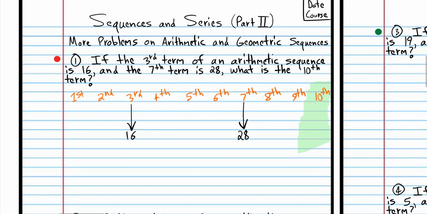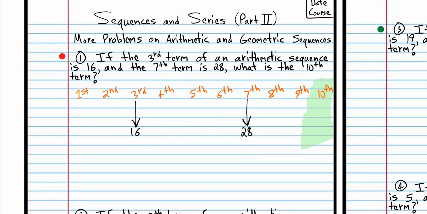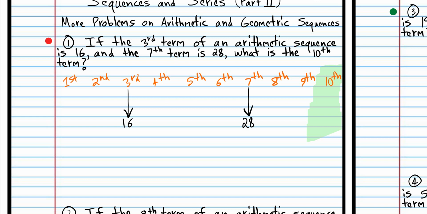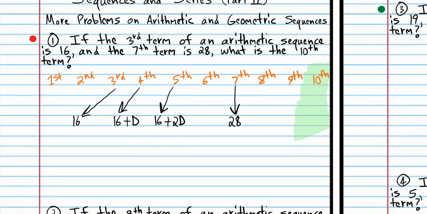So what that means is we're going to add some constant number to get to the next terms. So the fourth term is going to be the third term plus the common difference. And the fifth term is going to be the third term plus 2 times the common difference, because we already added d once to get to the fourth term. We have to add it again to get to the fifth term.